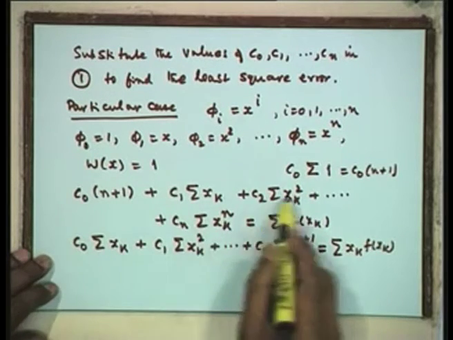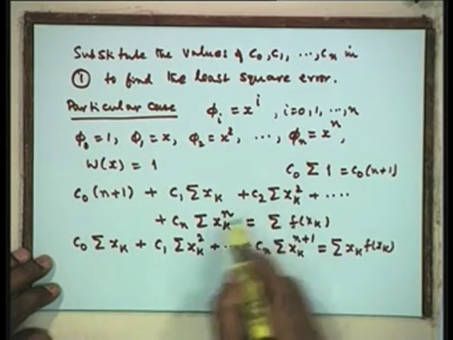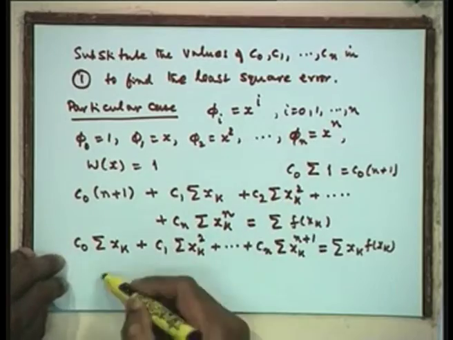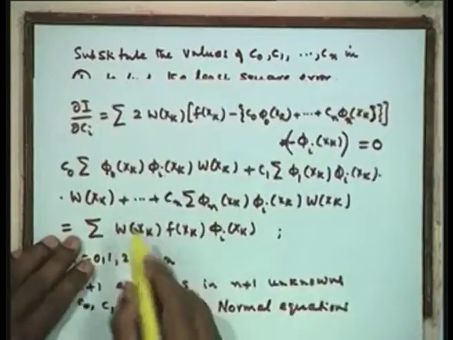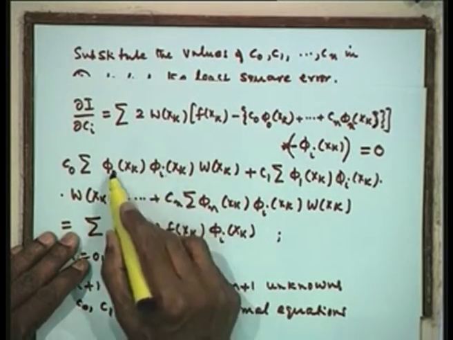You can now see that because it is a polynomial, the terms just shift along, the last term coming here and then this coming here. If you are taking the next equation, you will have C naught phi naught into phi 2, that is x square into 1.